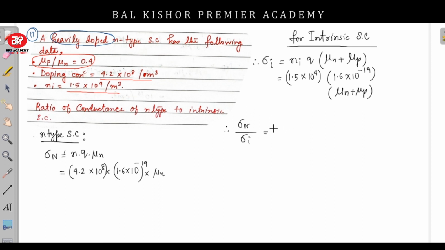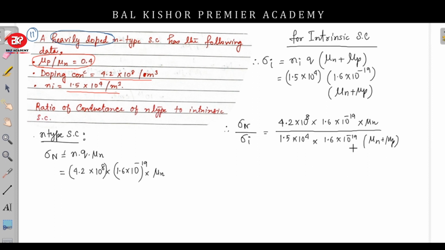So you can see the value will be 4.2 into 10 to the power 8 into 1.6 into 10 to the power -19 into mu n, and sigma I will be 1.5 into 10 to the power 4 into 1.6 into 10 to the power -19 into (mu n plus mu p).